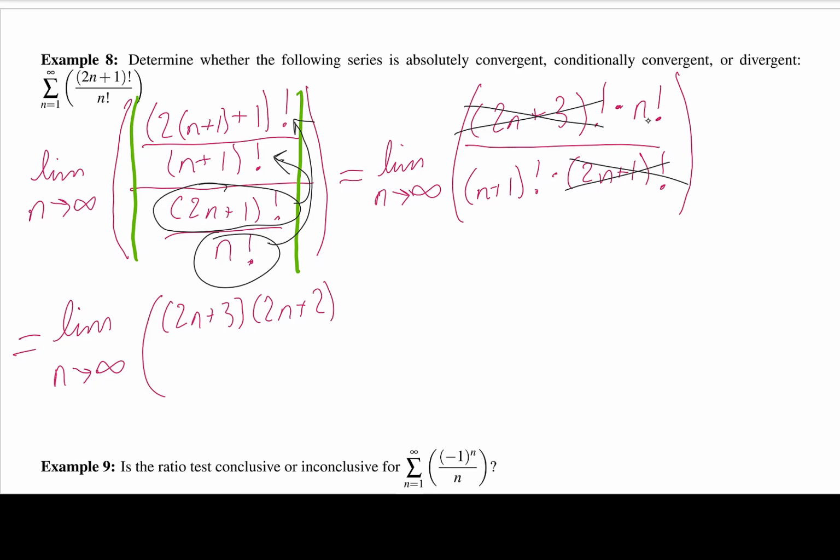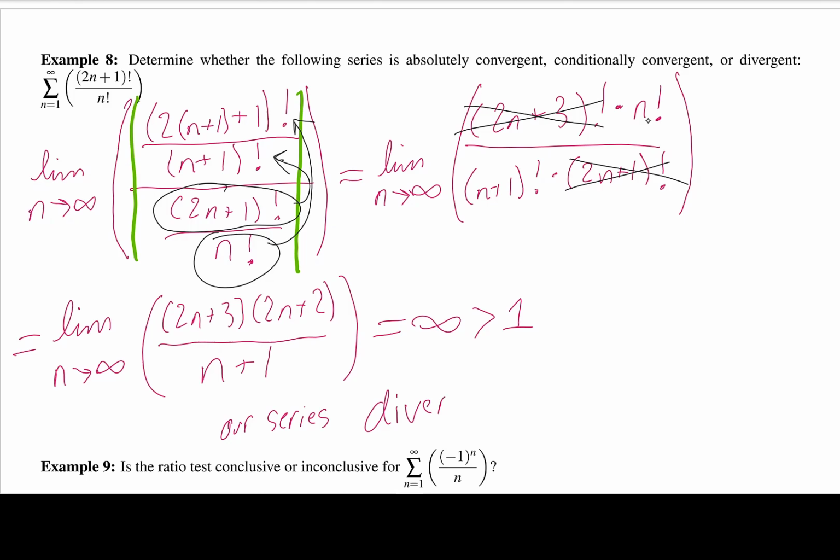And then n factorial over n plus 1 factorial, that will just give us n plus 1 on bottom. Well, we'll get a degree of 2 on top and a degree of 1 on bottom. So we know that this is going to go to infinity, which is slightly bigger than 1. So our series diverges by the ratio test.